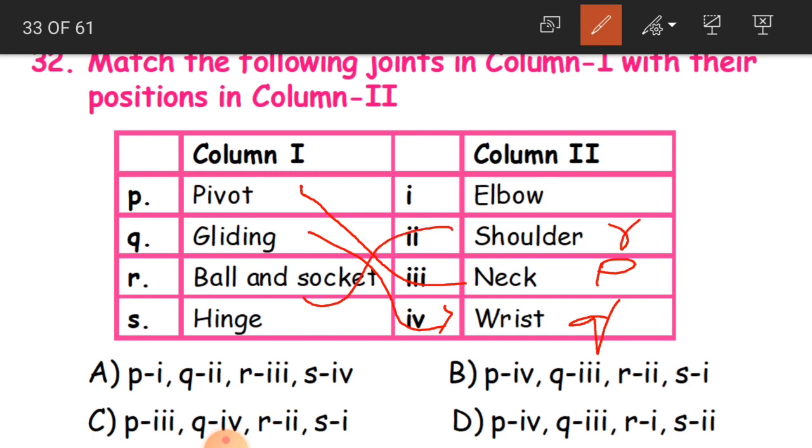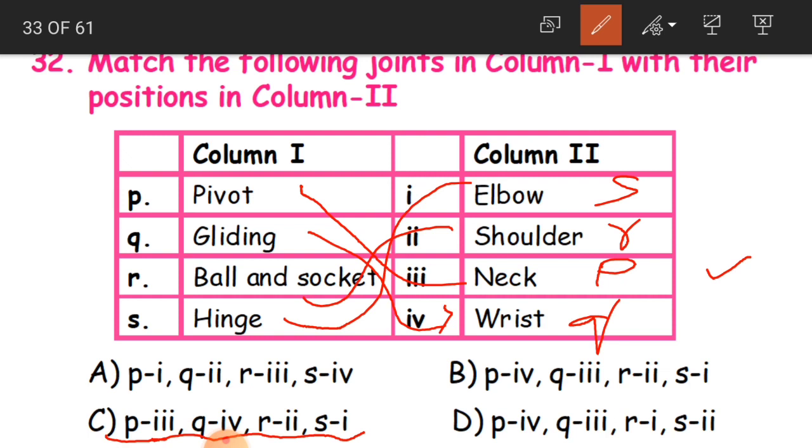Hinge joint, where do you have this? What is remaining? The first one, that is the elbow. So children, this is how our matching went. P is of third one, Q is of fourth, R is of the second, and S matches with the first.